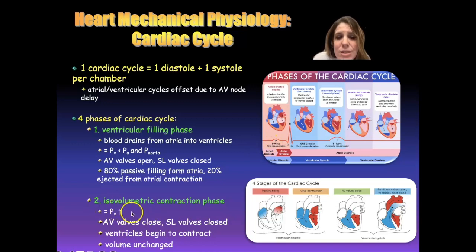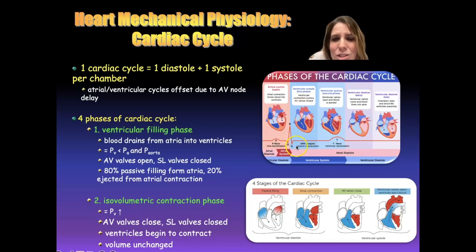Going on to that second isovolumetric contraction phase, you could consider this to be early systole in the ventricles. And just recall, it's also where the atria are repolarizing, but that's masked on the EKG. So during this first phase of ventricular systole, remember that the pressure is increasing in there because the blood is filled up and it puts pressure on those AV valves and closes them, but the pressure is still less than it is in the great vessels, and so those SL valves remain closed.